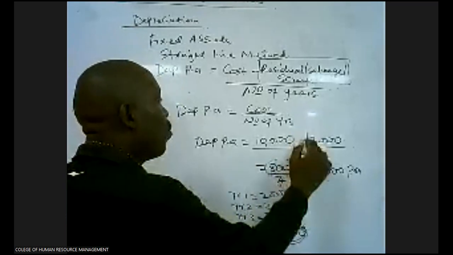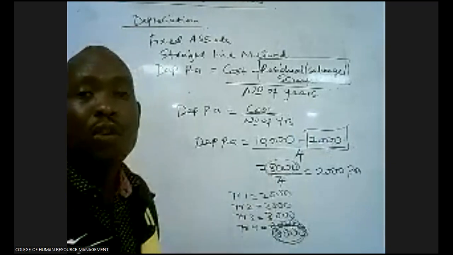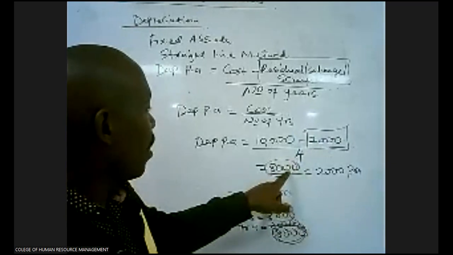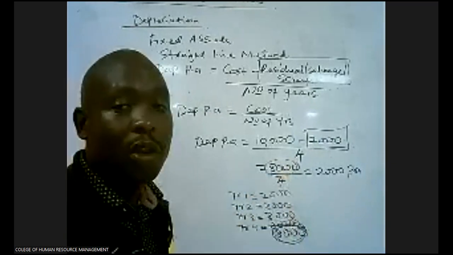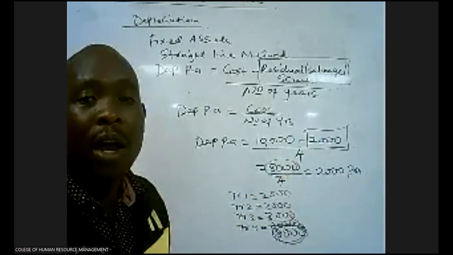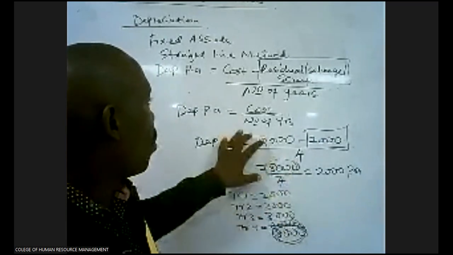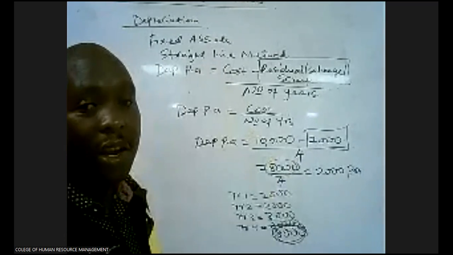And then the remaining 2,000 is what we are going to dispose of to get back. So this 8,000 that is lost is distributed equally among the 4 years. This is what we call the straight line method.